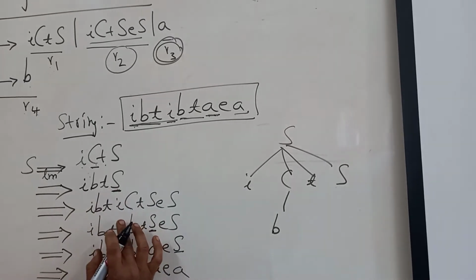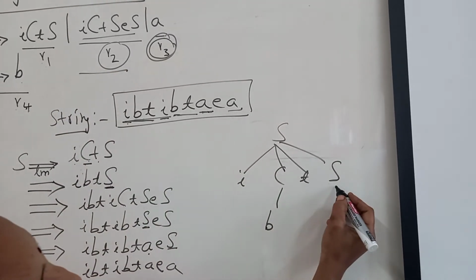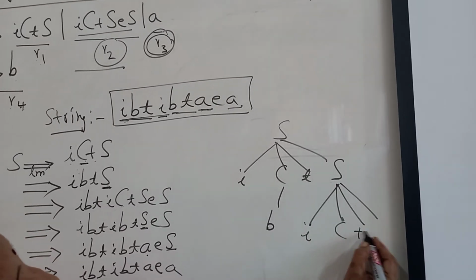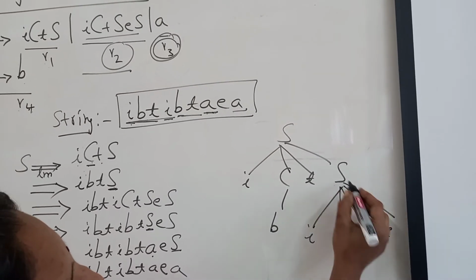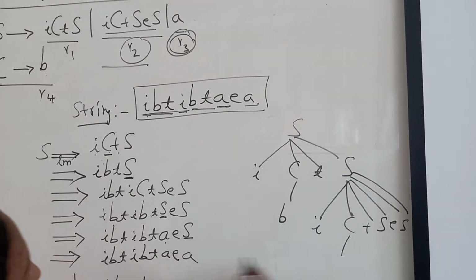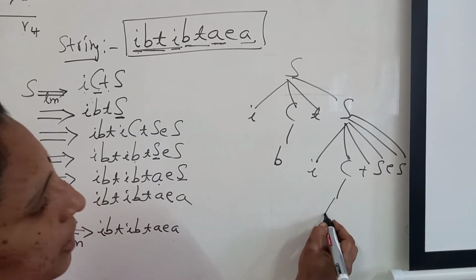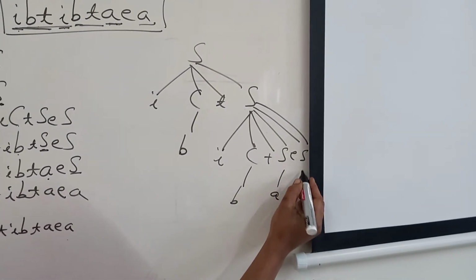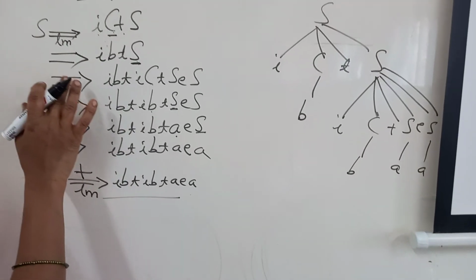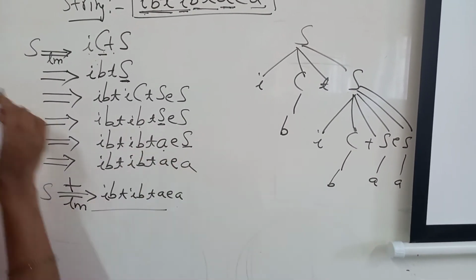Then I replace this S with rule 2, iCtSeS. Then I replace this C with b, S with a, and this S with a, where I got the string. Now, by applying the leftmost derivation, I got this parse tree.